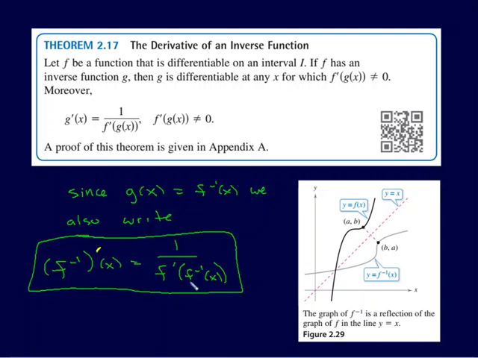Essentially what that is saying again is that the slope of a point on the function f of x compared to the slope of its corresponding inverted point on the inverse function, those slopes are reciprocals of each other. So for the next couple of minutes, we're going to look at some examples where I'm giving you the function f of x, but we're asked to find the slope of g of x, the inverse function, using this relationship.